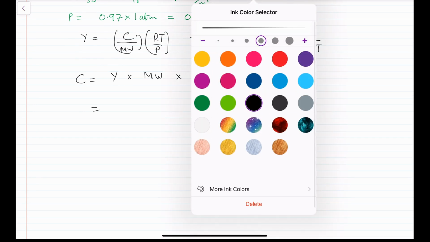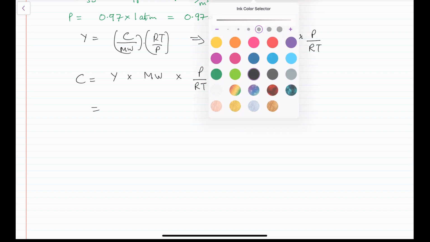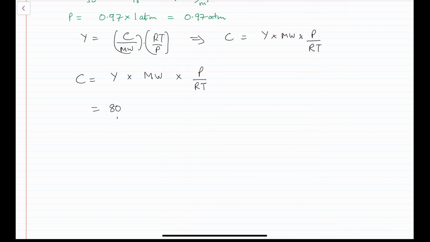80 ppb, so that could be 80 into 10 to the power minus 9 times the molecular weight, which for ozone is 16 times 3, which is 48 grams per mole, times P over RT.